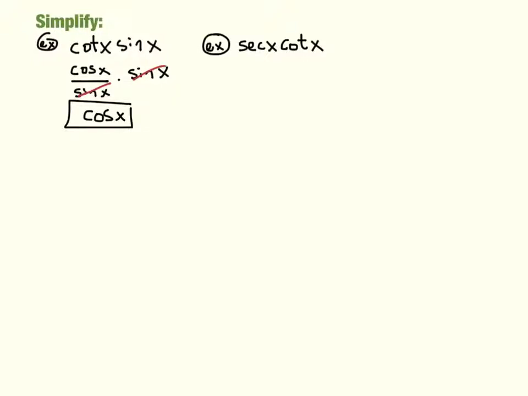Alright, so next let's look at the secant of x times the cotangent of x. So the secant of x, in terms of sine and cosine, this is just 1 over the cosine of x. That's being multiplied by the cotangent of x, which is the same thing as cosine of x over the sine of x.